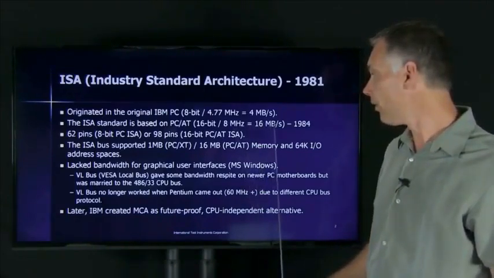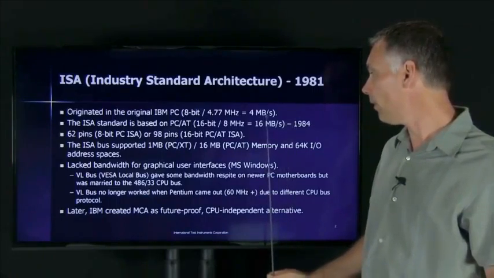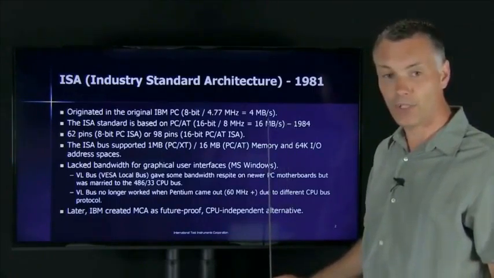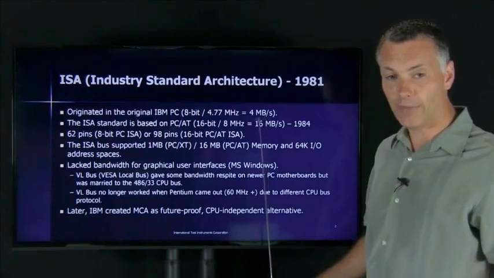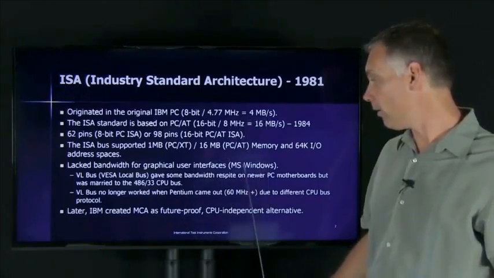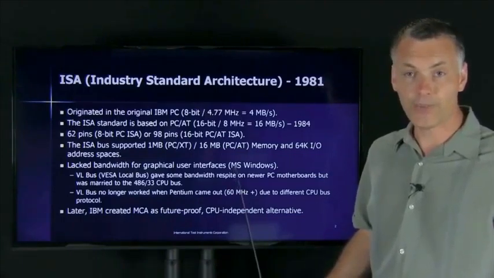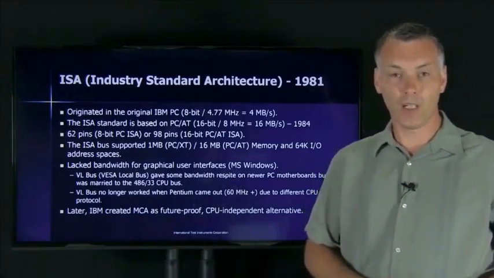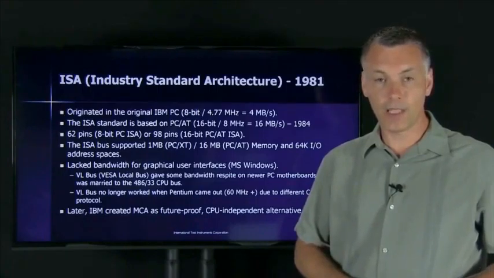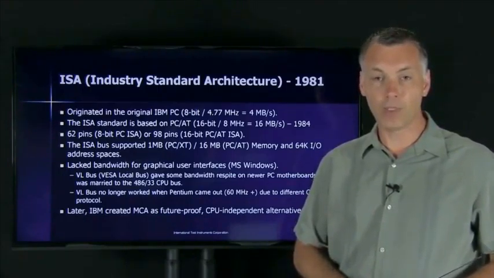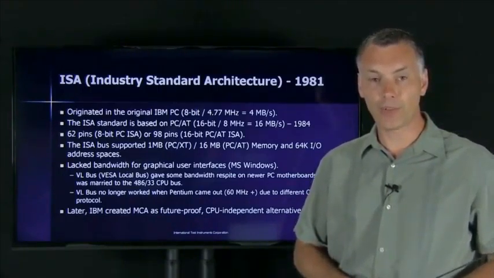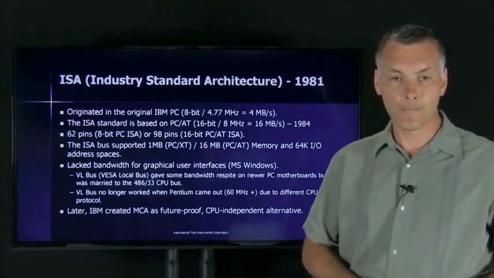It was an old design from 1980, essentially. And after about 10 years, when Windows came along and other GUI-based operating systems, the I/O bandwidth was not enough to support the advanced graphics cards that started to come along.